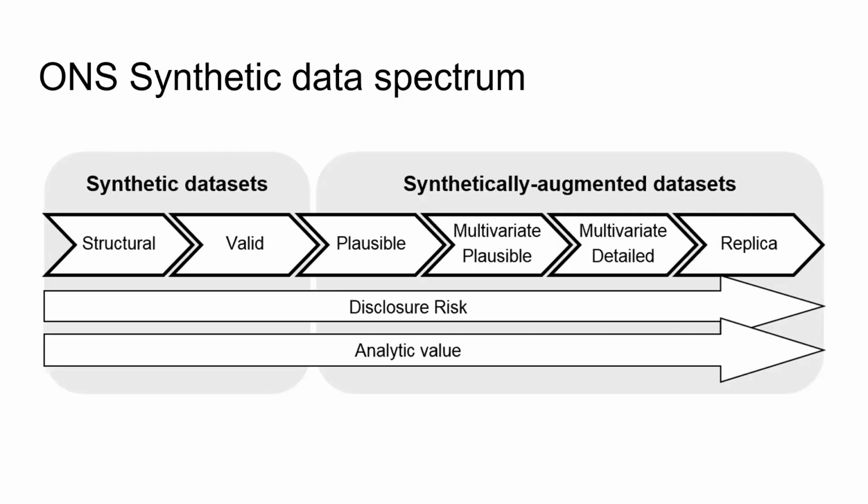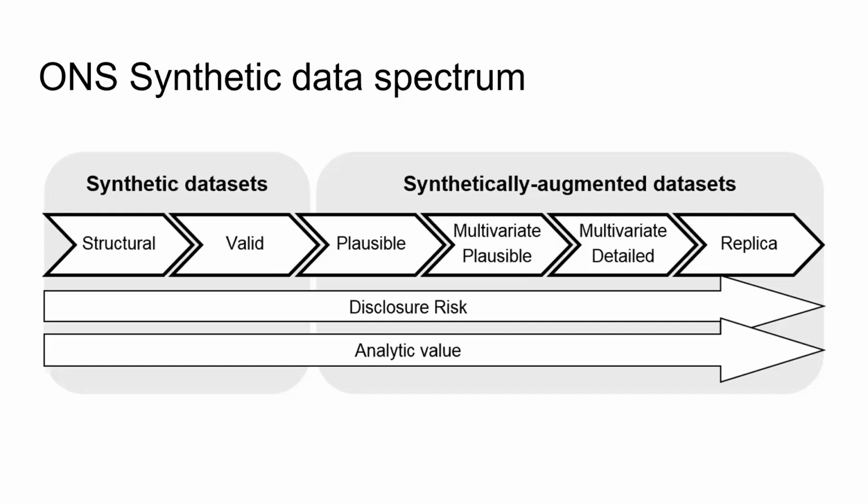So in the ONS definition, synthetic data sets are only suitable for code testing with no desire to preserve any underlying relationships between columns. The more we try to preserve the underlying distributions, the higher the disclosure risk of this data becomes, but also the more analytic value it has. It is expected that synthetic data does not have any disclosure risk.